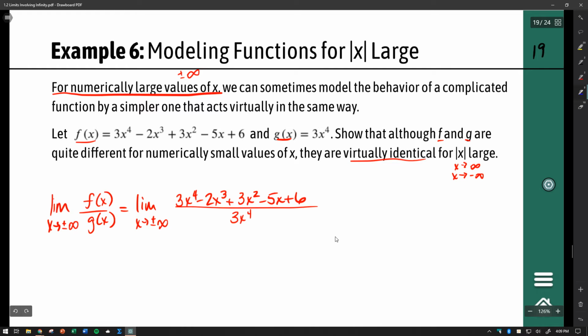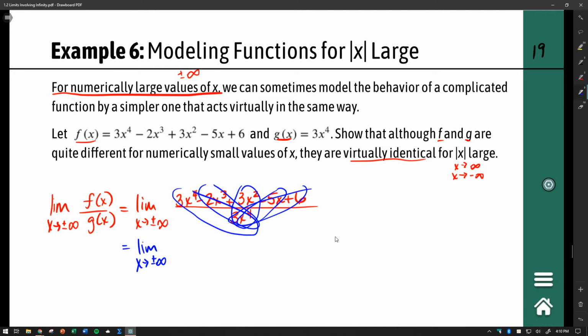Now, this can be simplified quite a bit because when dividing by a monomial, we know that each individual term of the polynomial in the numerator gets divided by the monomial in the denominator. So this is equivalent to, again, the limit as x goes to plus or minus infinity, but 3x to the fourth over 3x to the fourth is 1.